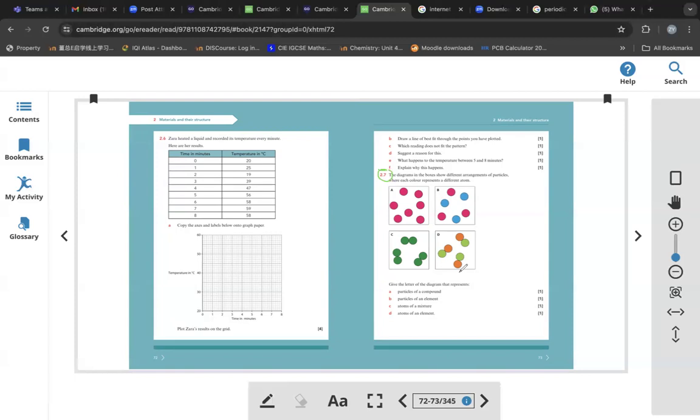Wait, so what am I supposed to do? You match the number alphabet here with the description here. I thought it was like A and then B is B. No, you have to match. You try first and then we discuss.